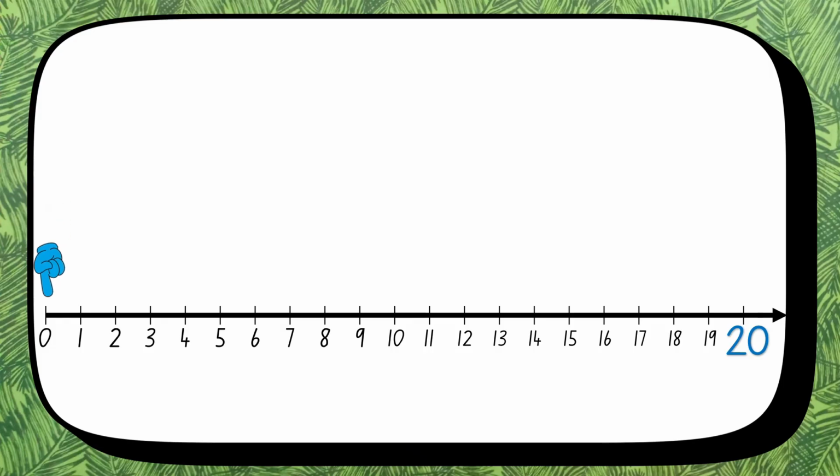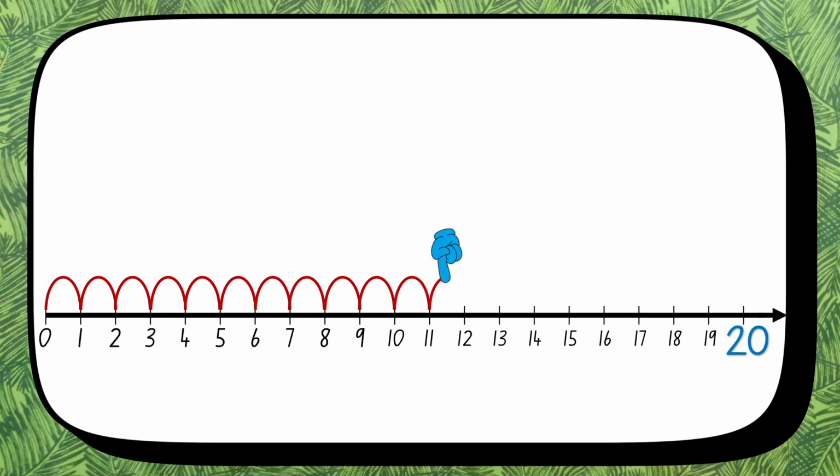Ready? 0, 1, 2, 3, 4, 5, 6, 7, 8, 9, 10, 11, 12, 13, 14, 15, 16, 17, 18, 19, 20.